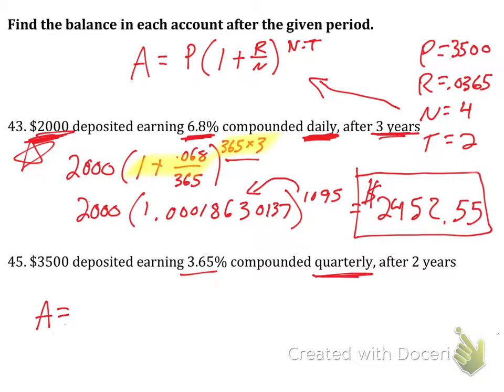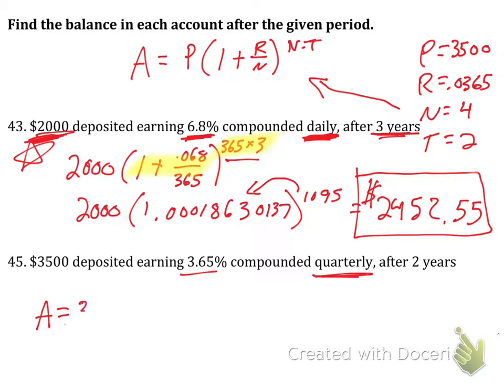Okay? Let's just check our numbers. So 3,500, our rate is 0.0365, so that's right. The times it's compounded is quarterly, there's 4 quarters, and it's 2 years. So let's see if I just did some math wrong or what's going on.